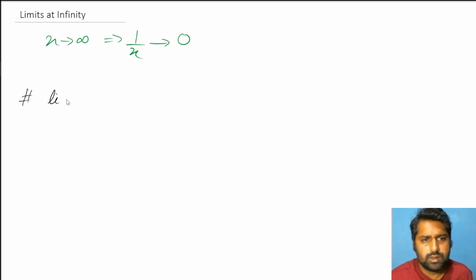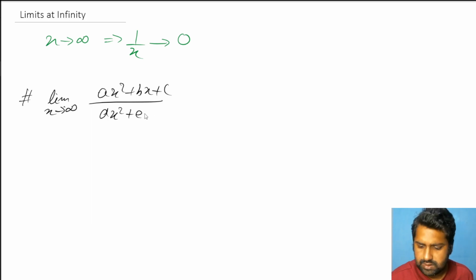Okay, so let's see the questions. How do we use that? Limit x tends to infinity, ax square plus bx plus c upon dx square plus ex plus f. So how do you calculate that? You generate expressions of 1 by x. Whatever is the highest power in the denominator, divide by that.